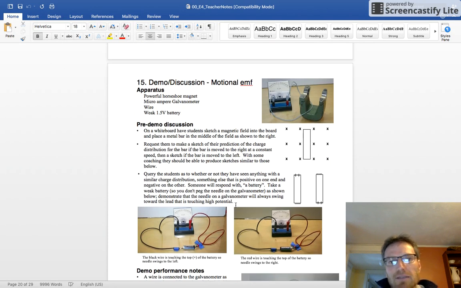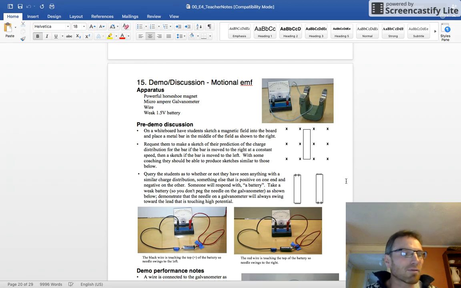Also, this took me a while to wrap my head around, this discussion of motional EMF, which I've taught before, but at a fairly cursory level, definitely not to the mechanistic level that modeling strives to attain. And so it was quite interesting.